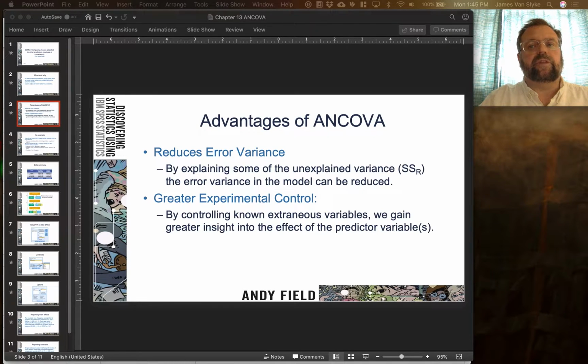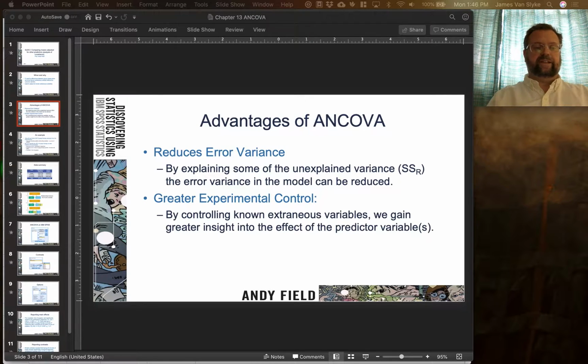We know that for the most part, most things in life, especially in psychology, have multiple causal variables at play. There usually isn't simply one thing that causes another thing. There's going to be several different things. So this allows us to account for other kinds of variables that may be affecting the type of relationship we're looking at between the independent variable and the dependent variable by looking at the extraneous variable.